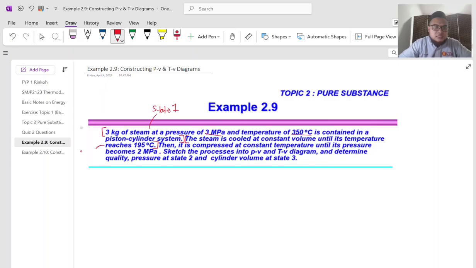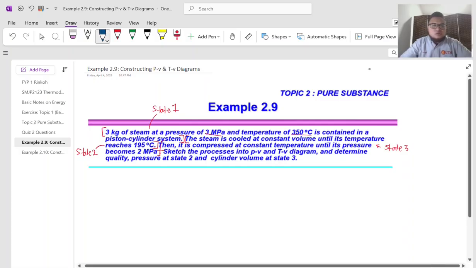This is state 2. Then it is compressed at constant temperature until its pressure becomes 2 megapascals. This is state 3. So there are 3 states altogether of the fluid under question, which is water, or in this case steam, and no further processes going on.